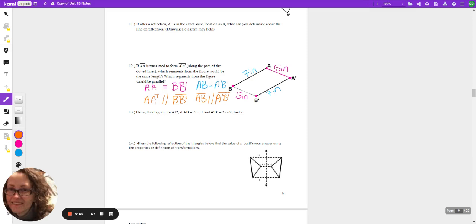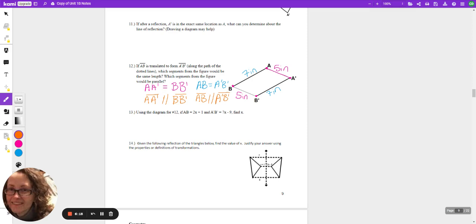Now, they didn't ask us for an explanation, but I will again stress that we know that the opposite sides are equal because we have the isometry. So I know AB is congruent to A prime, B prime because of the isometry. I know that A to A prime and B to B prime are both going to be, in this case, I put 5 inches, and that's because that same distance was used to translate.